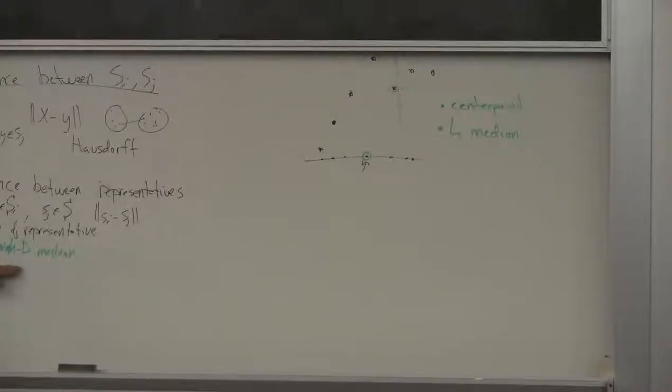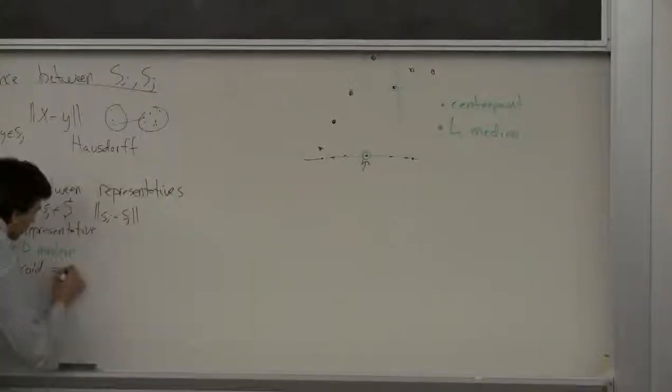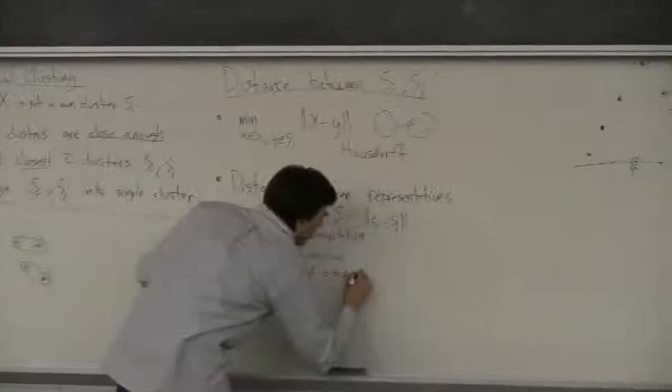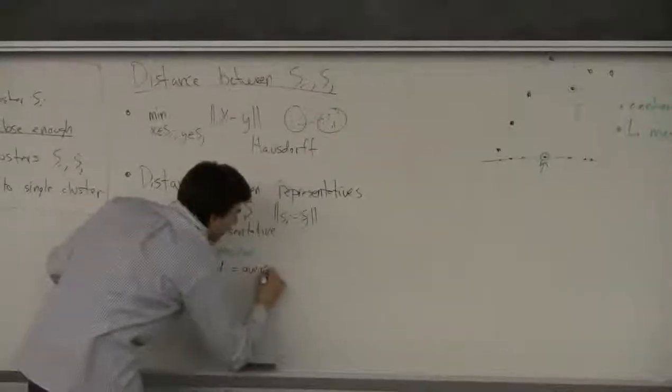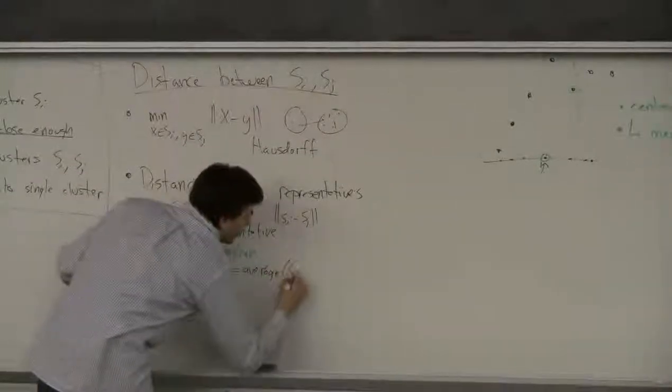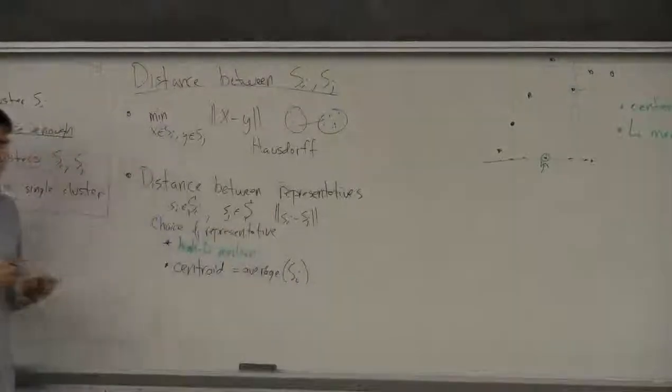Okay, so you can choose some high D median, but you said something else, which is often a good choice: just going to be the centroid, and the centroid is just the average of all the points in S_i.